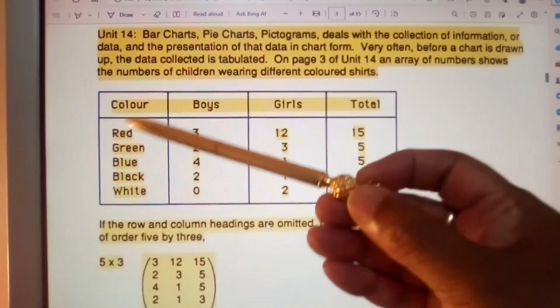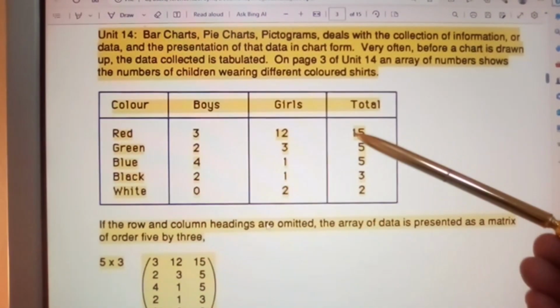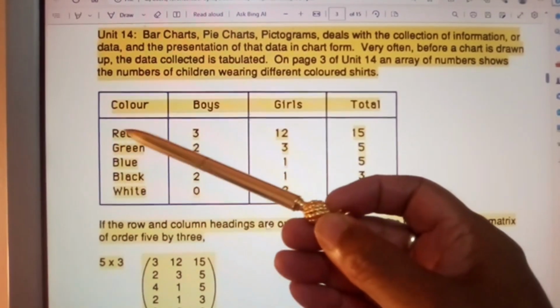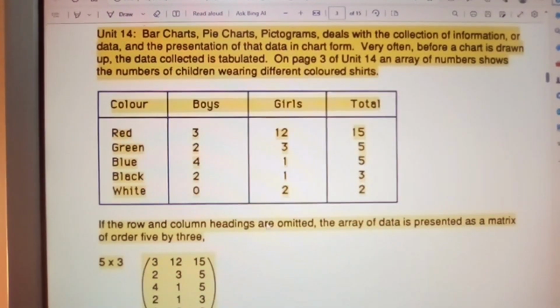So how many columns do we have? We have 1, 2, 3, 4 columns. How many rows? 1, 2, 3, 4, 5 rows, okay?